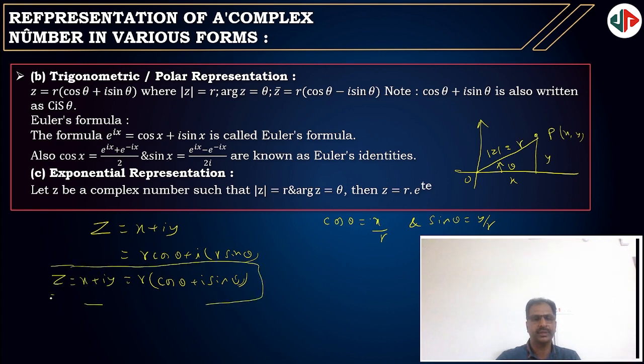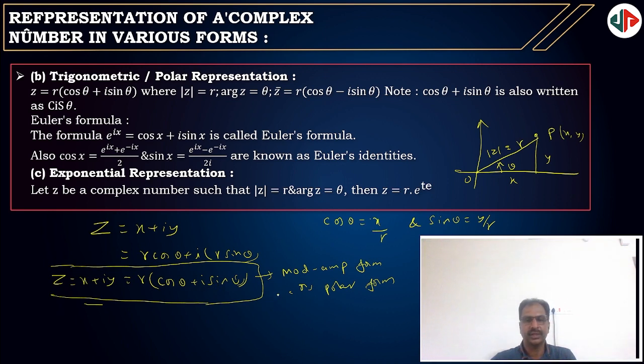This form of representing a complex number is known as mod amplitude form or polar form. Here r is known as modulus, theta is known as amplitude. That's why this form is known as mod amplitude form.